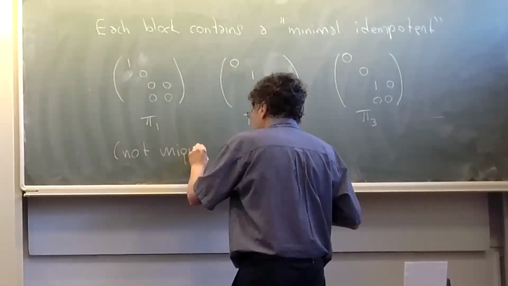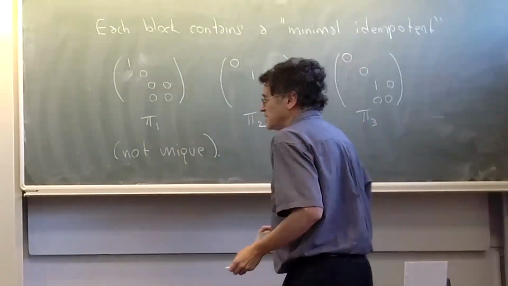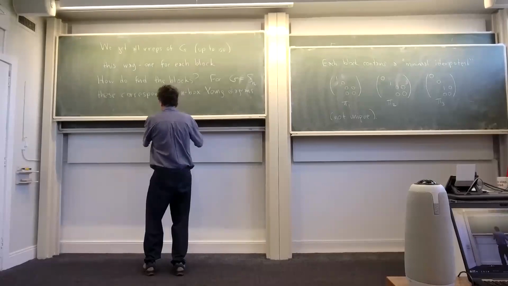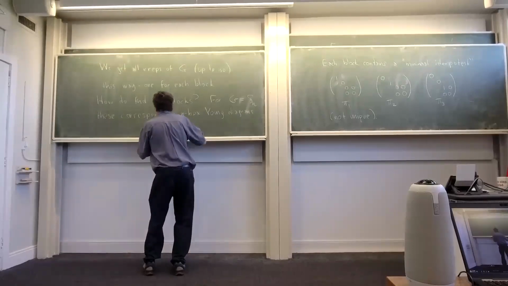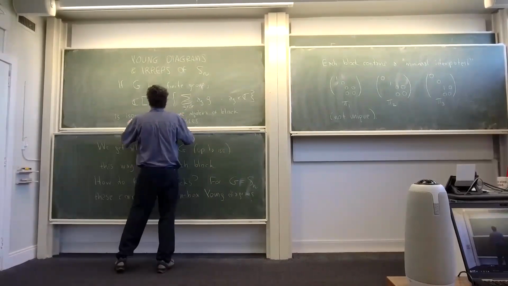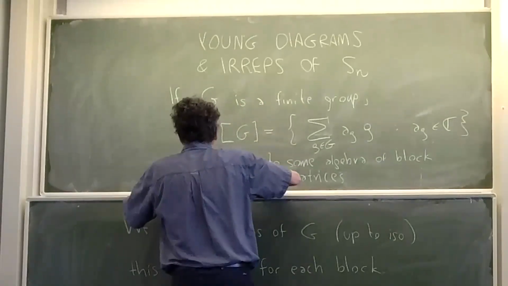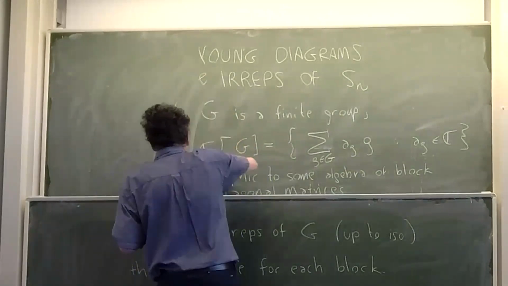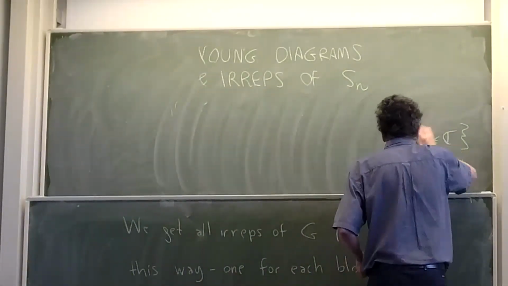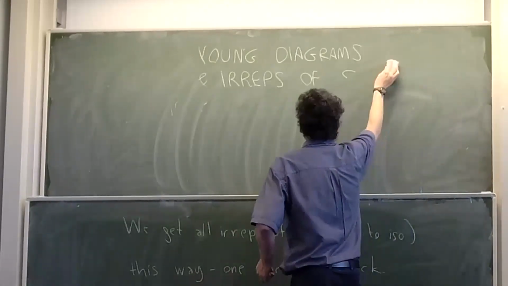So what do I mean anyway by a minimal idempotent? Well, maybe you already know. An idempotent is just a fancy name for something that when you square it, you get itself back. And you can see that any of those matrices that I wrote down there, if you square them, it equals themselves.